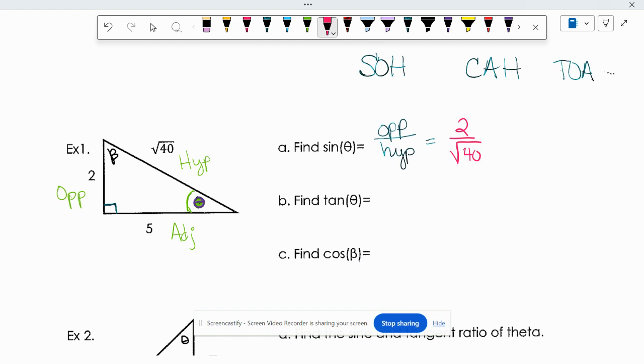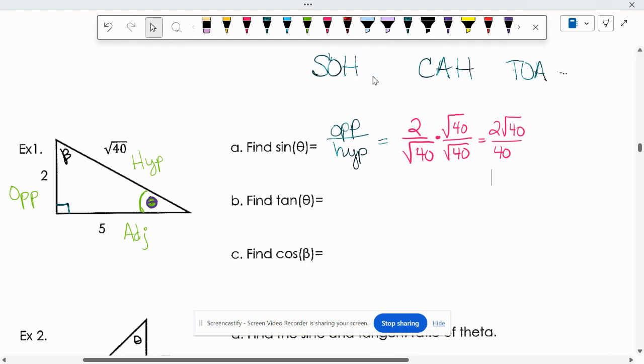Yep, you're right. Can we leave that like that? No, we can't. What are we going to do? Multiply by the square root of 40 over the square root of 40. A fancy one. Okay. So the numerator becomes 2 times the square root of 40, and the denominator just becomes 40.